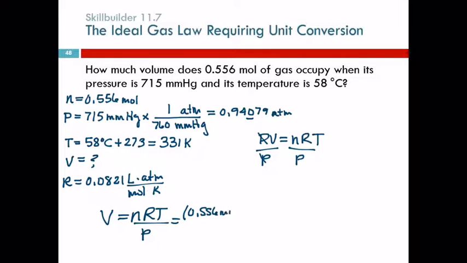0.556 moles, 0.0821 liter atmospheres per mole Kelvin. Temperature 331 Kelvin.